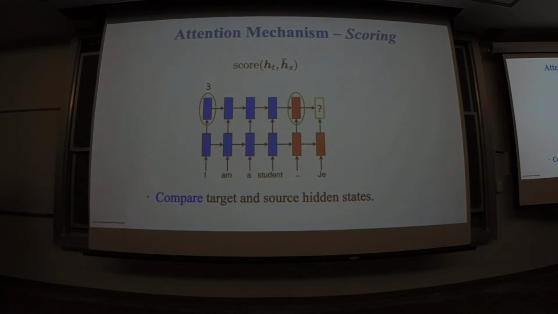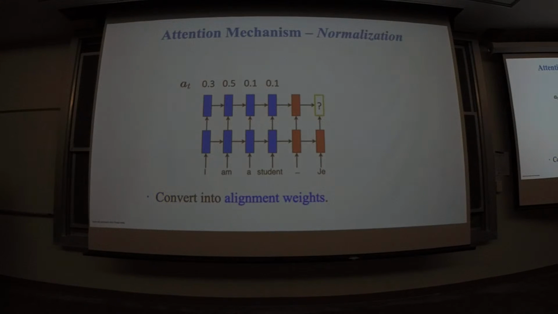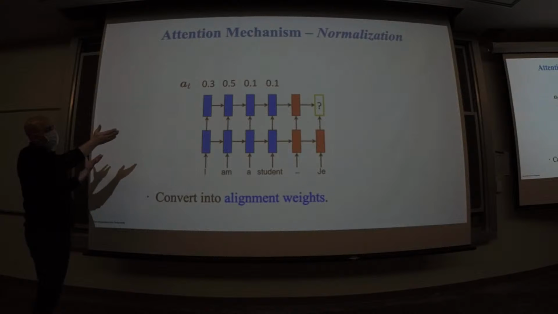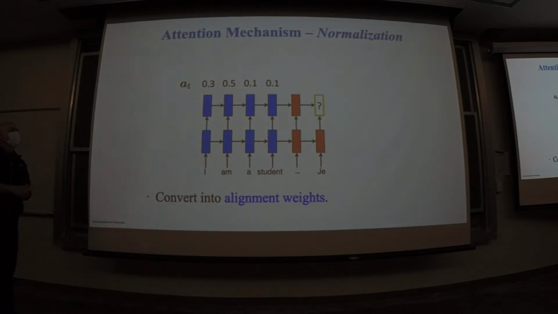So we have some sort of score, and we do that for all of the hidden states in the encoder. Okay, this is obviously very simplified. And then what we do is we normalize those, right? So we add them all up and divide by that sum. So we get now this probability distribution, or this convex combination of coefficients.